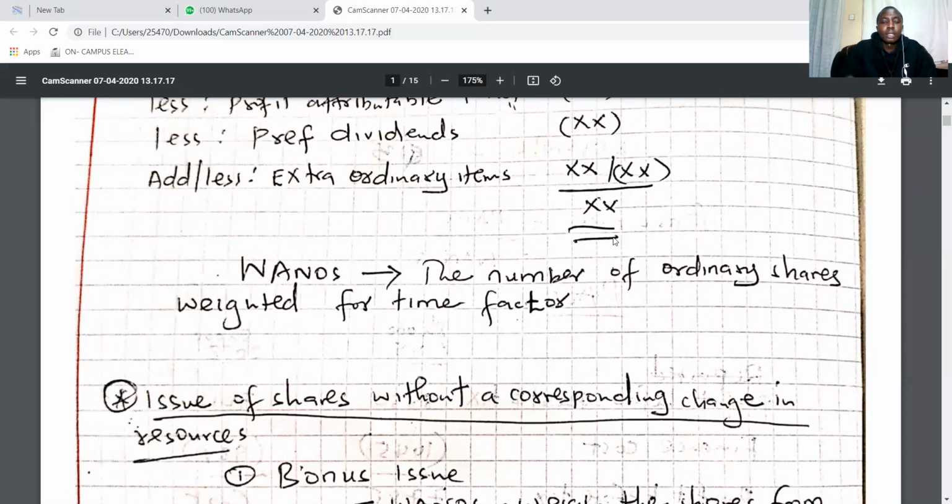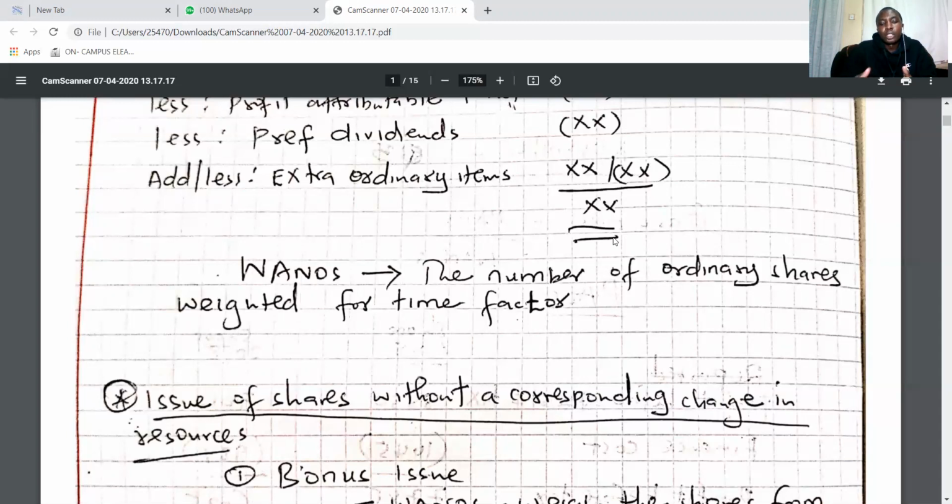So what you always do is, remember the 200,000 shares which were outstanding from January. That one you wait for 12 months. So you say 200,000 times 12 over 12, because now the 200,000 was outstanding for the entire period.